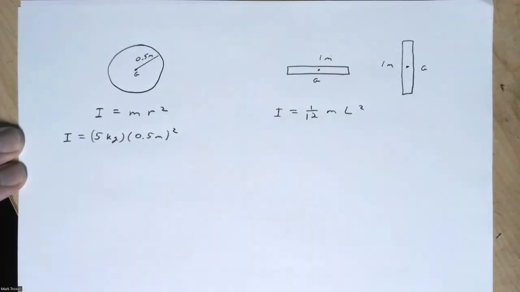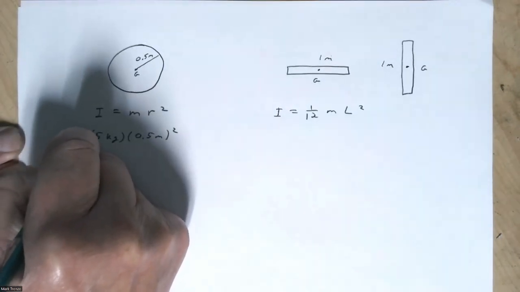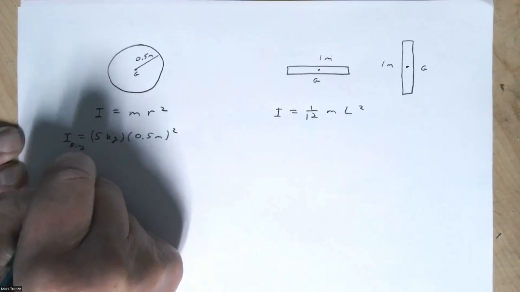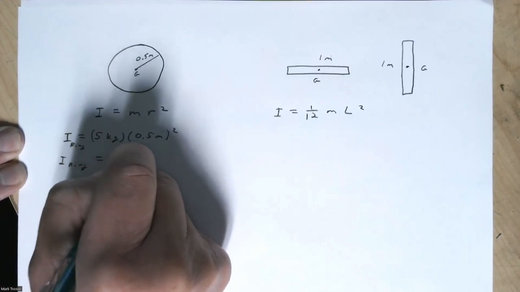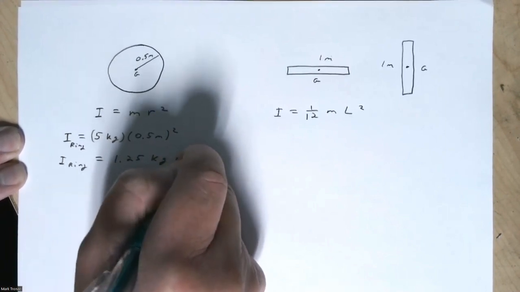So we calculate that, and we get the mass moment of the ring to be 1.25 kilogram meters squared.